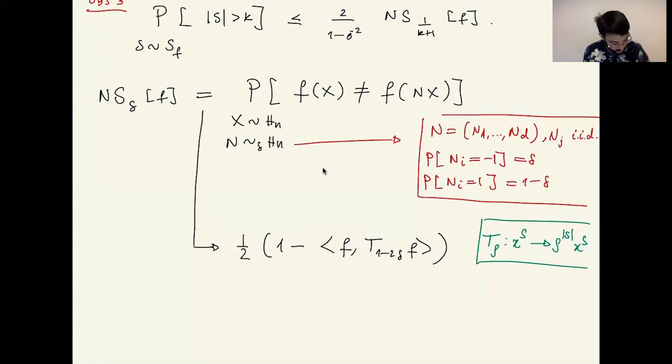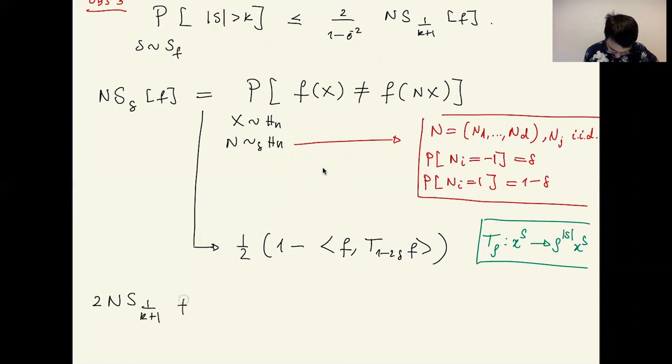Great. So I want to derive an inequality. Let's try to do that. So I have the noise stability of, say, 1 over k plus 1 of f.